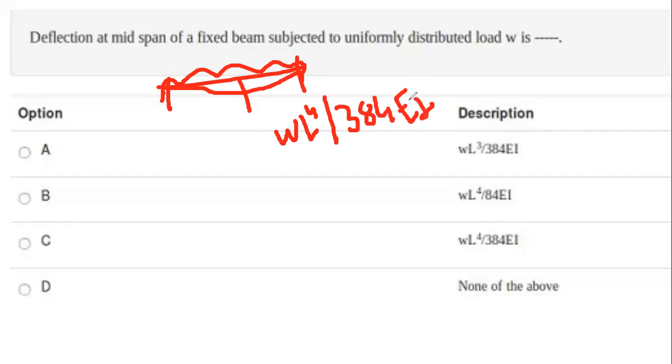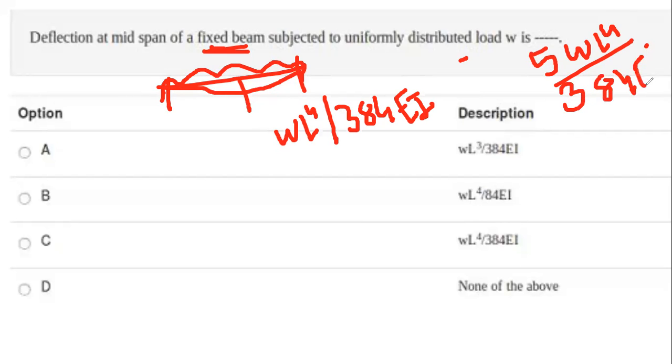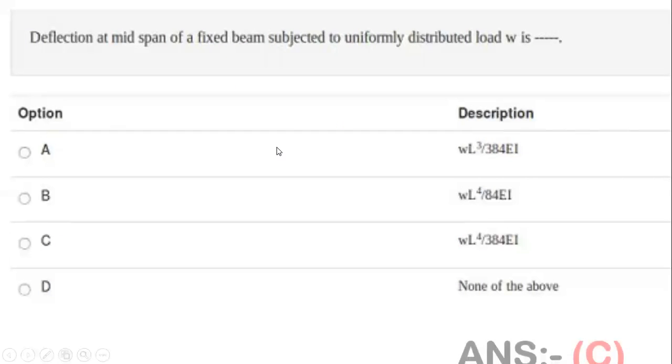This is not a simply supported beam. In case of a simply supported beam, the formula is 5 into WL raised to 4 divided by 384 EI. If it is a fixed beam, then the answer will be WL raised to 4 divided by 384 EI. So the answer is option C.